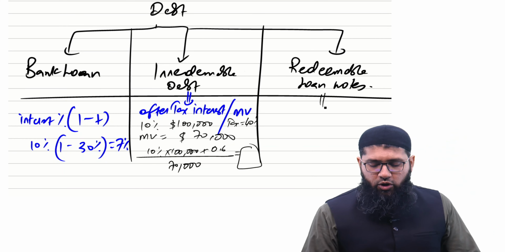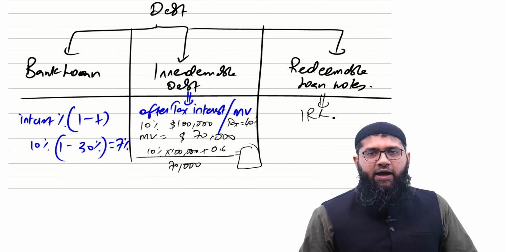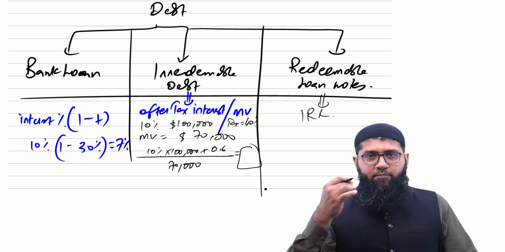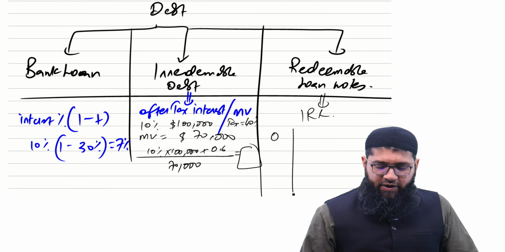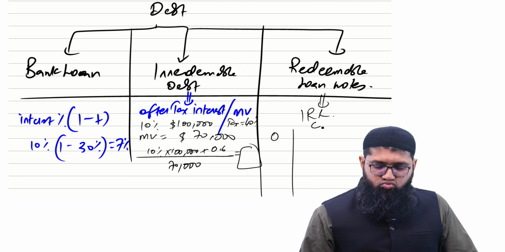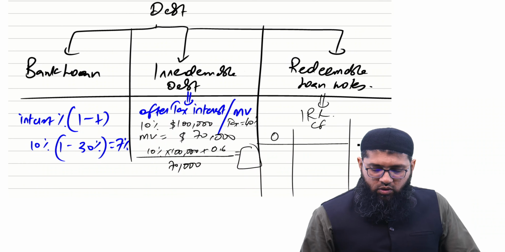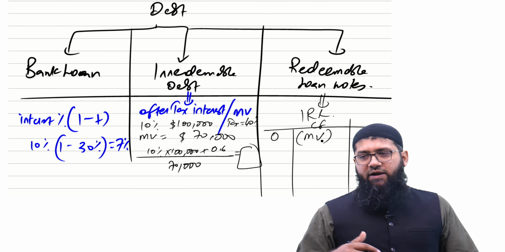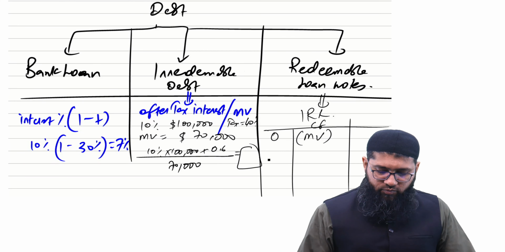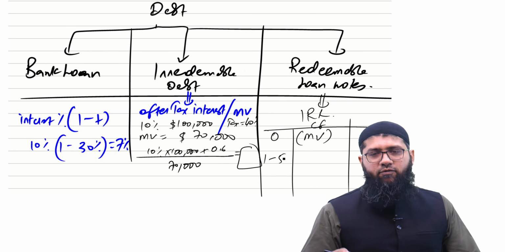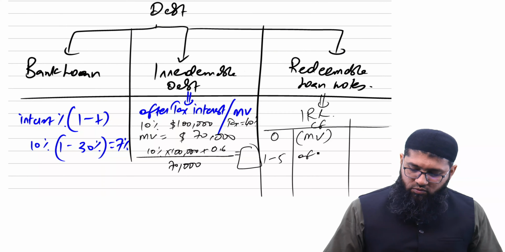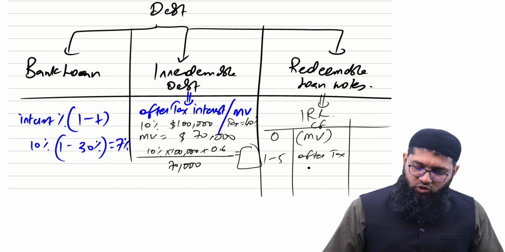For the redeemable loan notes, what do you need to do? You need to calculate IRR. For the IRR, the important thing is that for time period 0, the market value of the loan note has to be shown as an outflow. For time periods 1 till 5, or whatever that is, show after-tax interest.